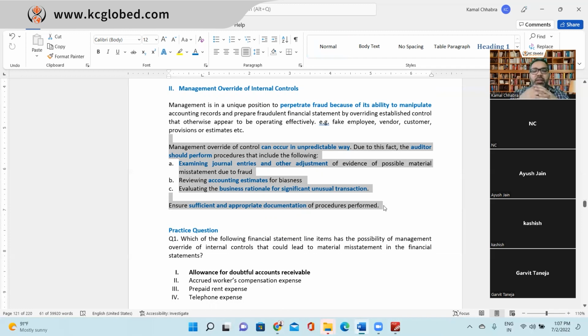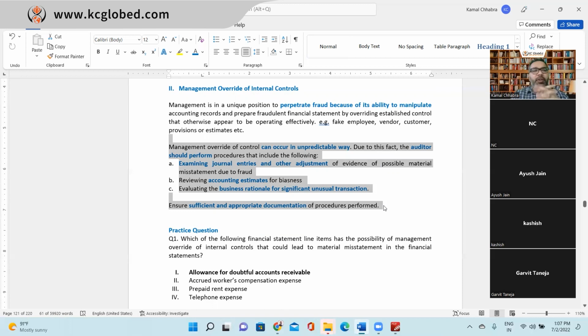So these are additional procedures an auditor needs to perform, because generally when management overrides controls, they do not do it in a simple way or a way that can be easily captured. Generally, they update all the audit trails.